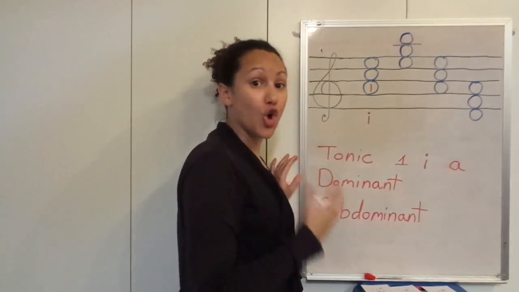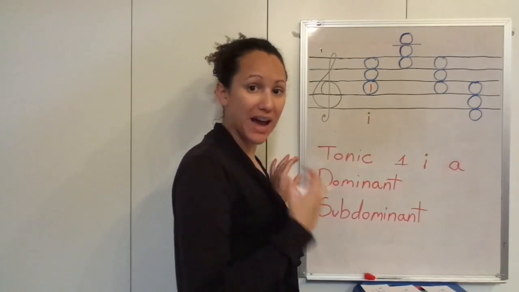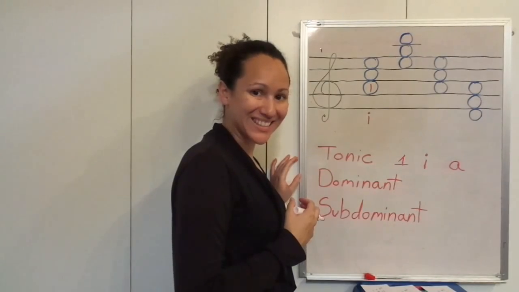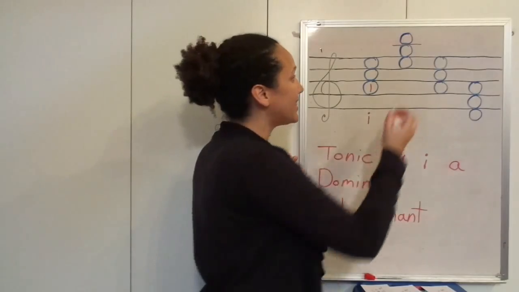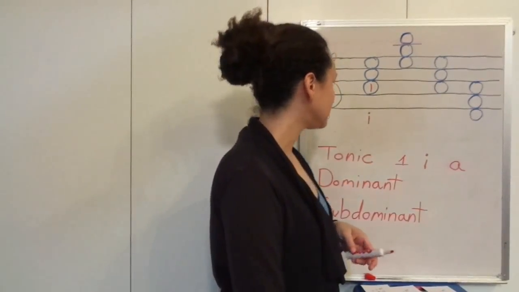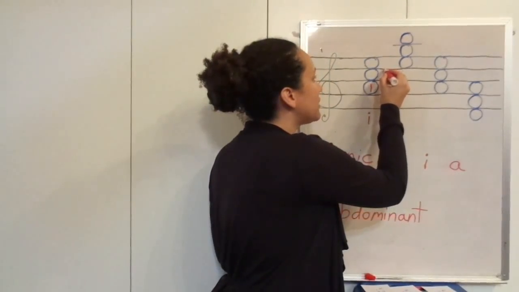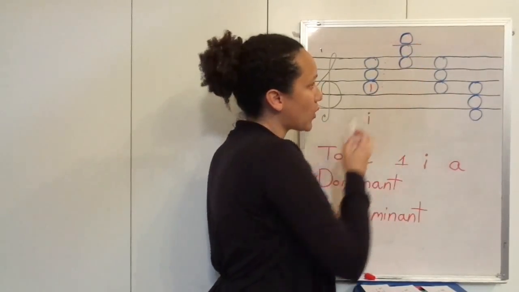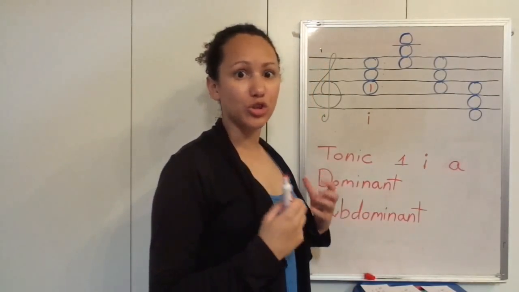Dominant means dominate, meaning that it's the strongest, the powerhouse, the powerful chord in a piece. Now, the strongest chord in the piece is actually always the major 5. This is a minor chord. You count up 1, 2, 3, 4, 5. The E is the 5, and that gives us our chord. But it's a minor. And we actually want a major sound.